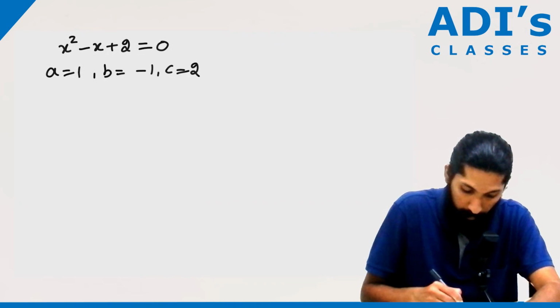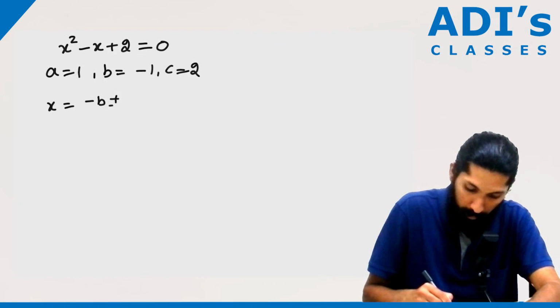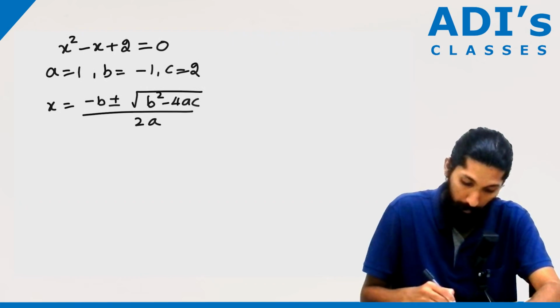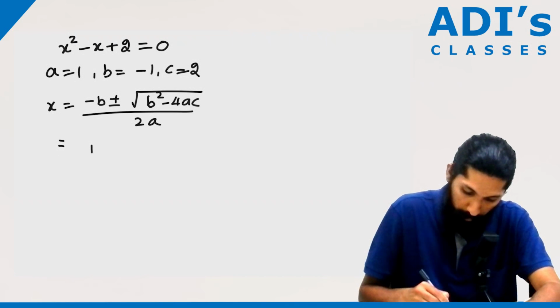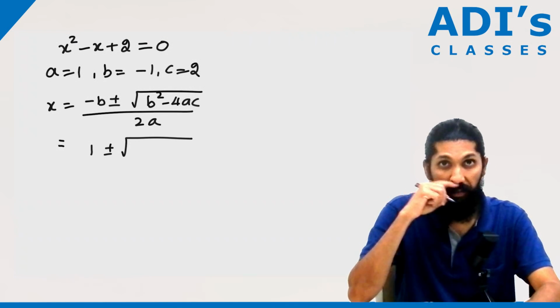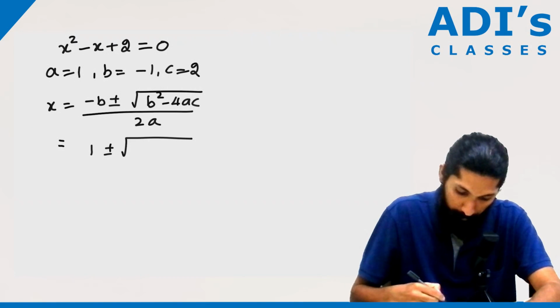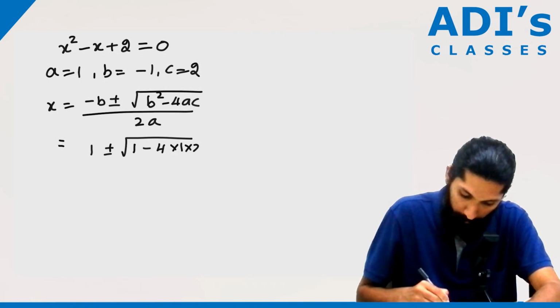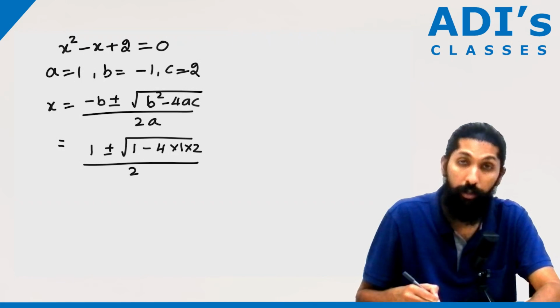So x = (-b ± √(b² - 4ac)) / 2a, which is (1 ± √((-1)² - 4 × 1 × 2)) / (2 × 1). (-1)² is 1, and 2 into 1 is 2.